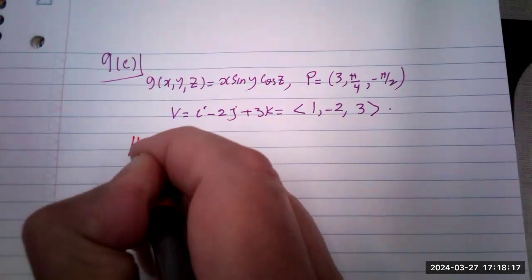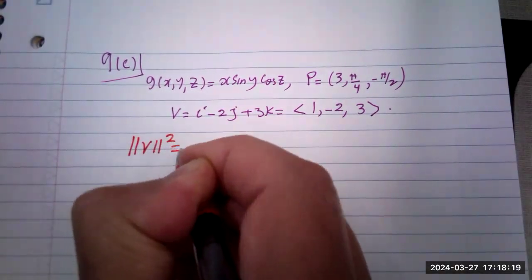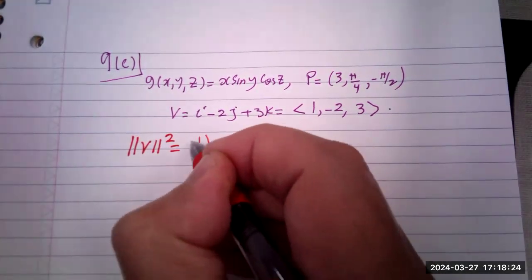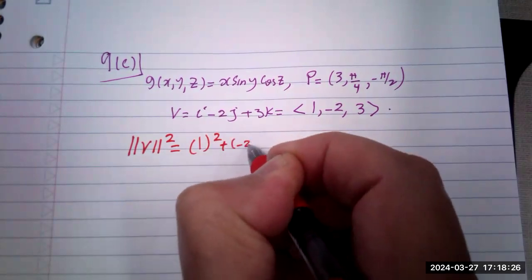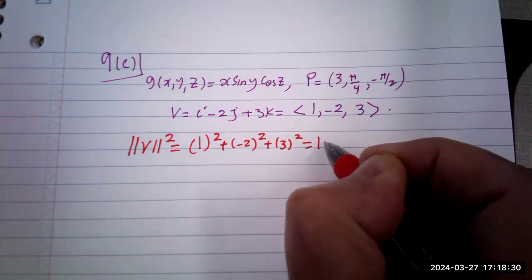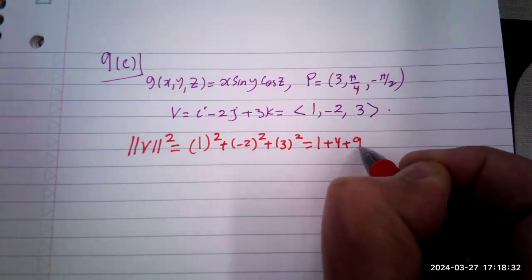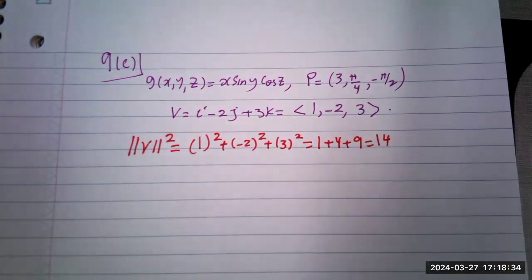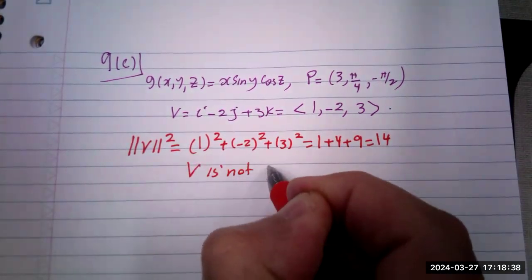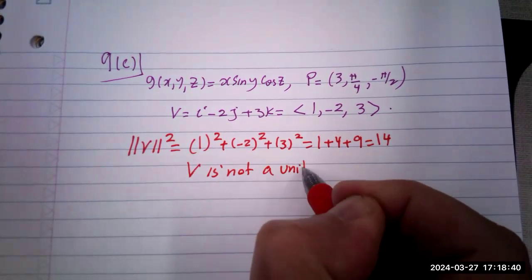So we're going to check the norm of v, or the norm squared first. 1 squared, -2 squared, and 3 squared. So 1, 4, 9 is 14. So v is not a unit vector.